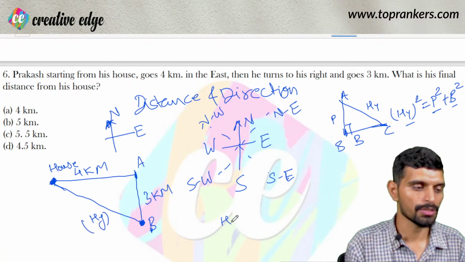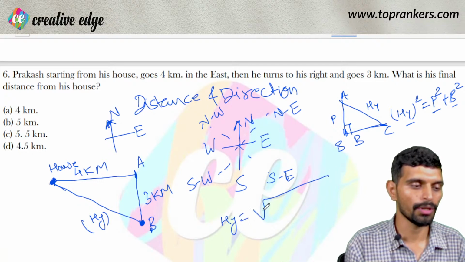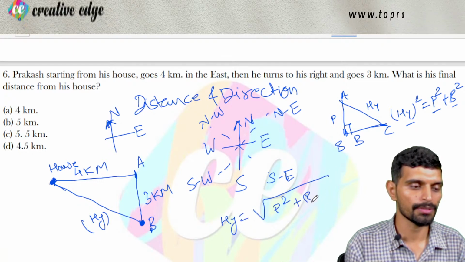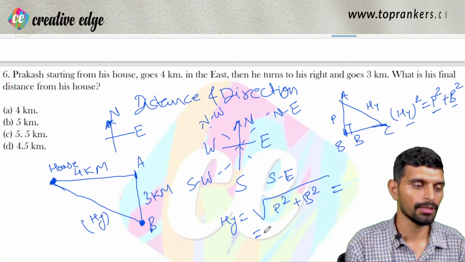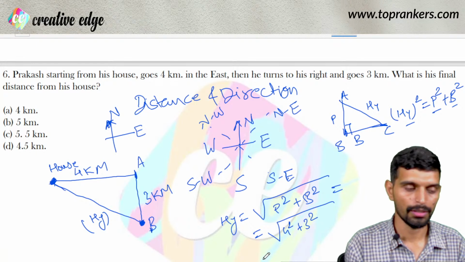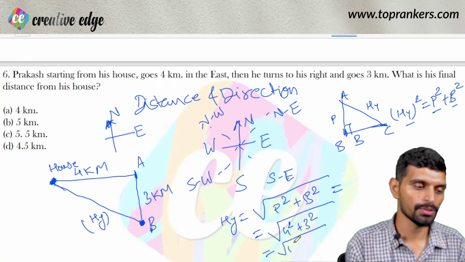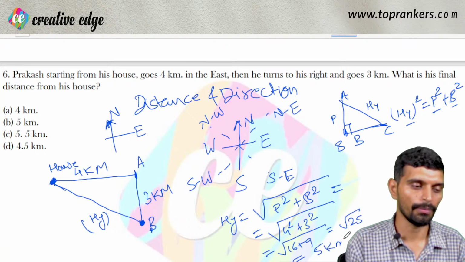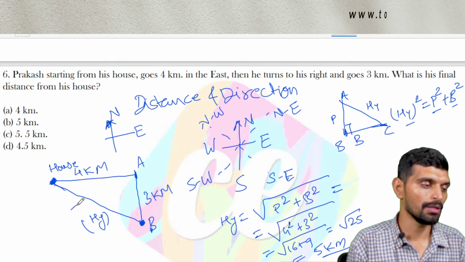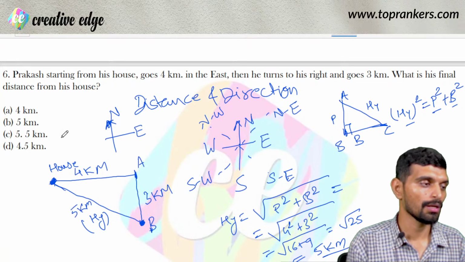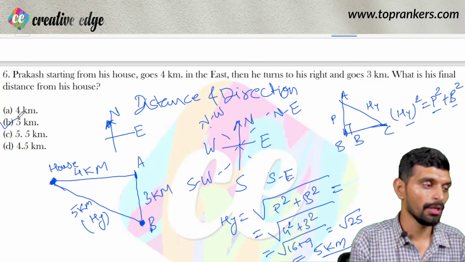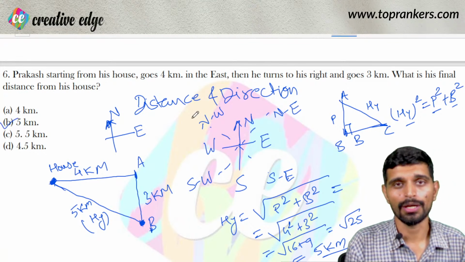So hypotenuse is equal to the square root of perpendicular square plus base square, and in this case this will be 4 square plus 3 square, that is under root 16 plus 9, under root 25, or you can say 5 kilometers is the distance between his final position and the house. There is a twist here.